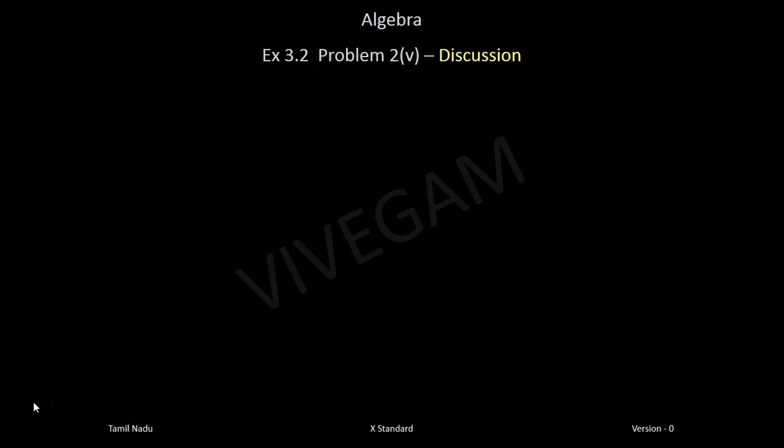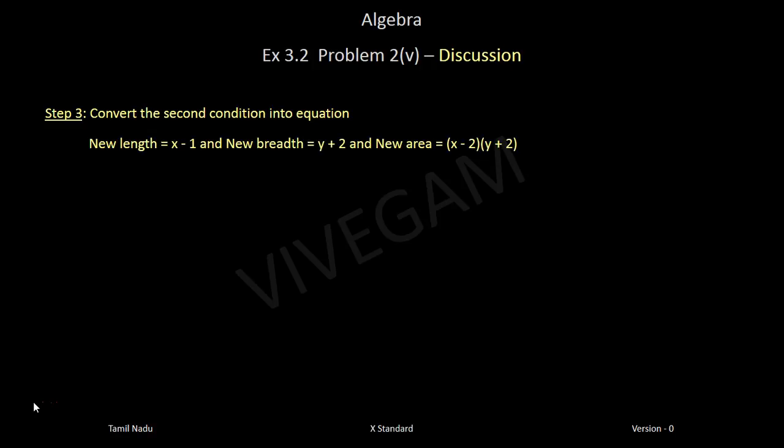Okay, next we will go for the second one. Convert the second condition into an equation. What it says: the length is reduced by 1 cm and the breadth is increased by 2 cm, and the new area is greater than the original area by 33. So length is reduced by 1 and breadth is increased by 2, so the area will be x minus 1 into y plus 2. So the new area is this much.